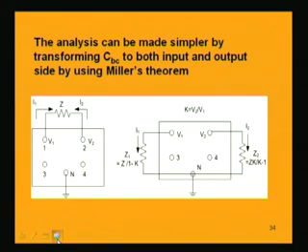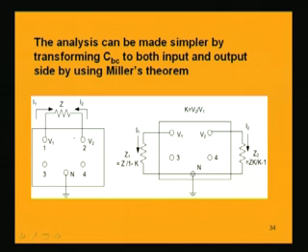Miller's theorem says that if we have a number of nodes, n being the node to ground, that is, this is the ground node, other nodes are 1, 2, 3, 4, there may be many nodes, the voltages at these nodes being V1, V2, etc. And here there are impedances, say Z, we are considering only between these two nodes 1 and 2, for example, to simplify and illustrate this point first.